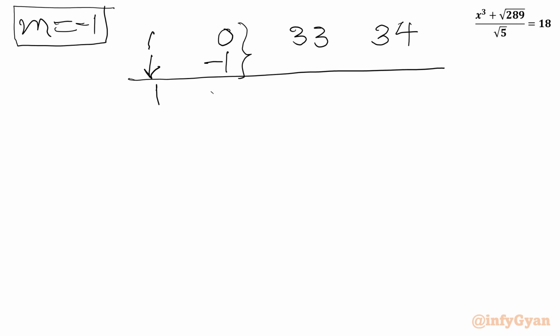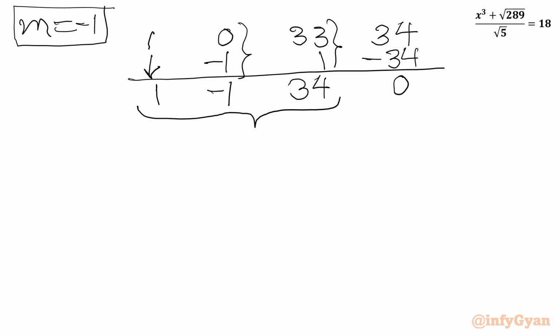Addition of both numbers will give us minus 1. Minus 1 times minus 1, plus 1. If we add these two, we will write here 34. Minus 1 times 34, minus 34. Addition will give us 0. So these are the coefficients for the quadratic equation. So I can write our equation m square minus m plus 34 equal to 0.